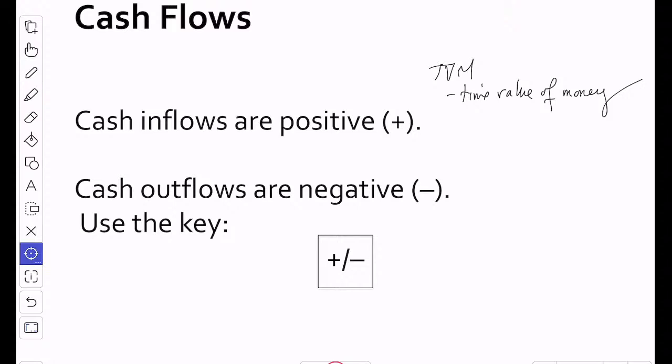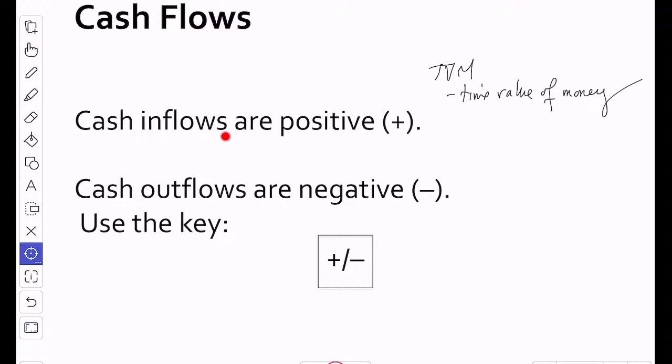The way the functions or the formula are used in the calculator needs to know whether your cash flows are inflows or outflows.